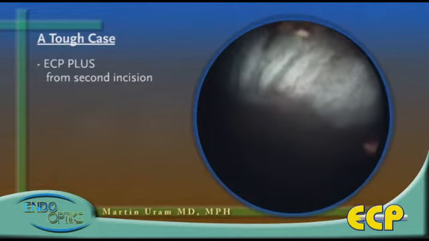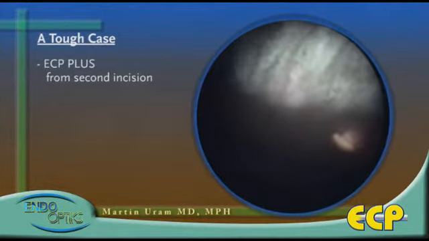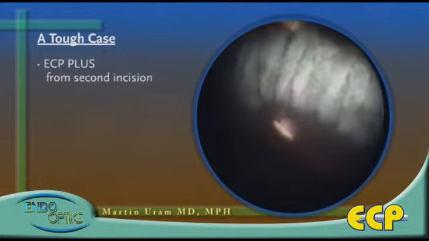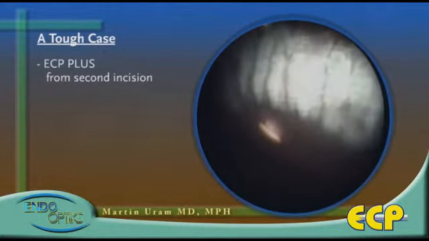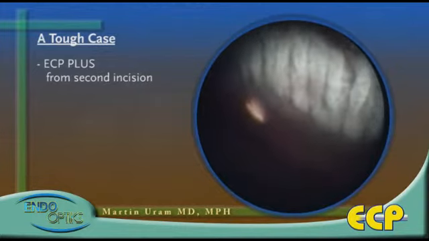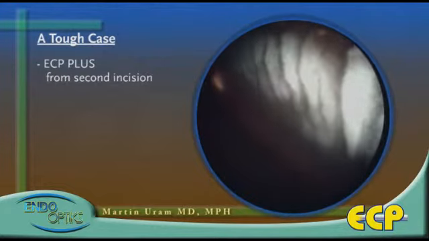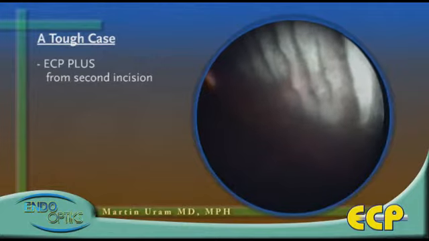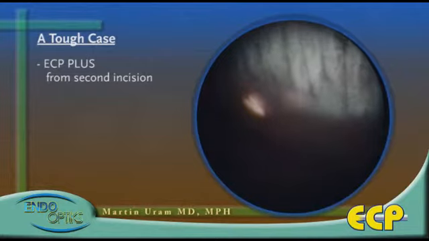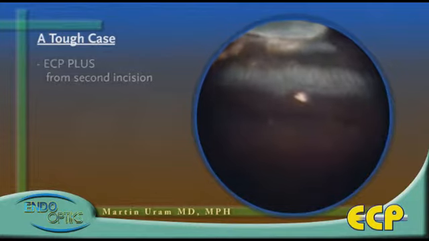I find it very helpful after I've treated the ciliary processes to go back over them again and look for areas that perhaps I missed or didn't take up the laser as I originally thought they did. The ultimate goal is to have a uniform, intensely white ring around the eye that incorporates all of the ciliary process tissue, and when using the plus treatment also incorporates this millimeter or so of pars plana.